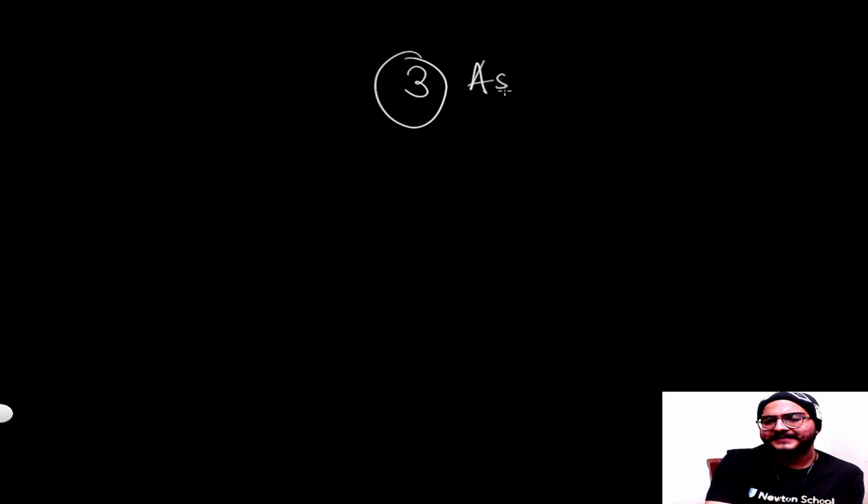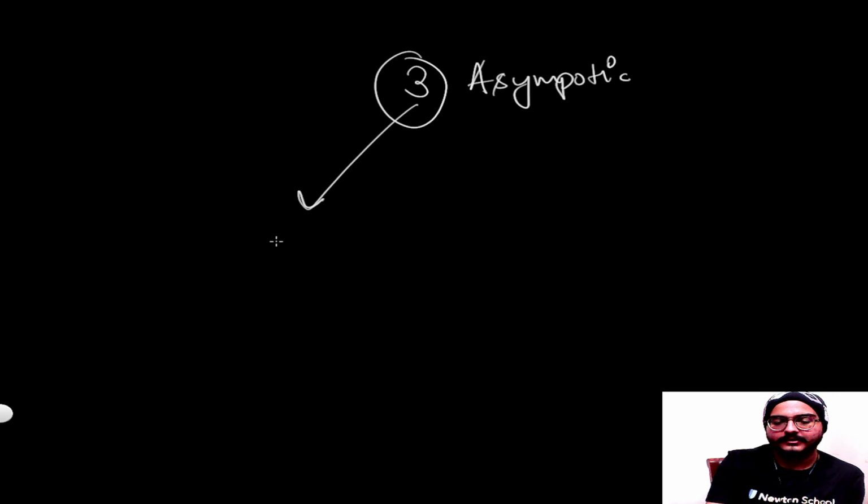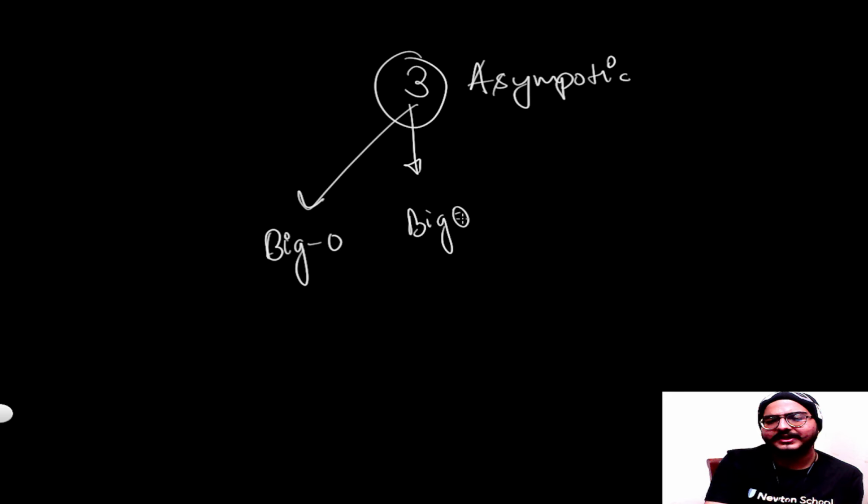Before proceeding any further, we should know that there are three major asymptotic notations. Basically there are many, but majorly there are three. One is big O, then we have big theta, or you can say theta, and big omega.